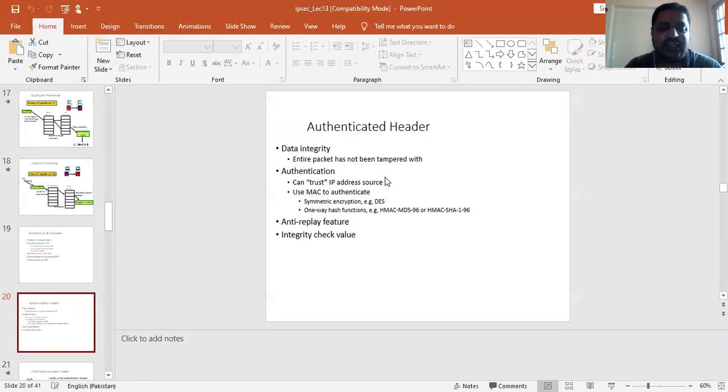It contains some information like integrity check values, or information about the protocols which are used to secure the data or packet that is sent from sender A to sender B.